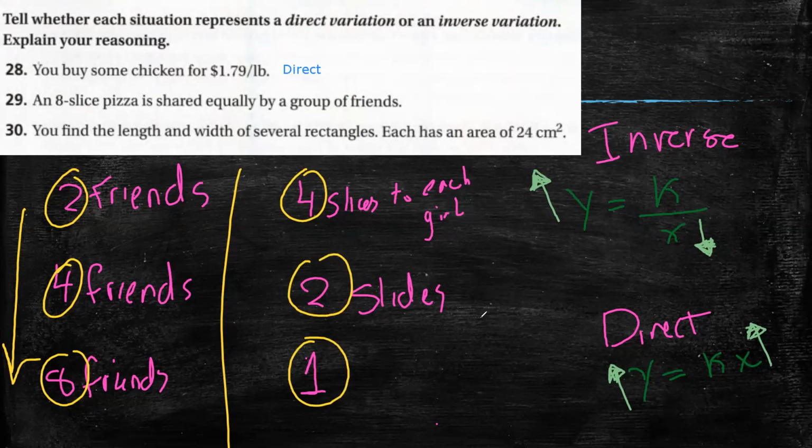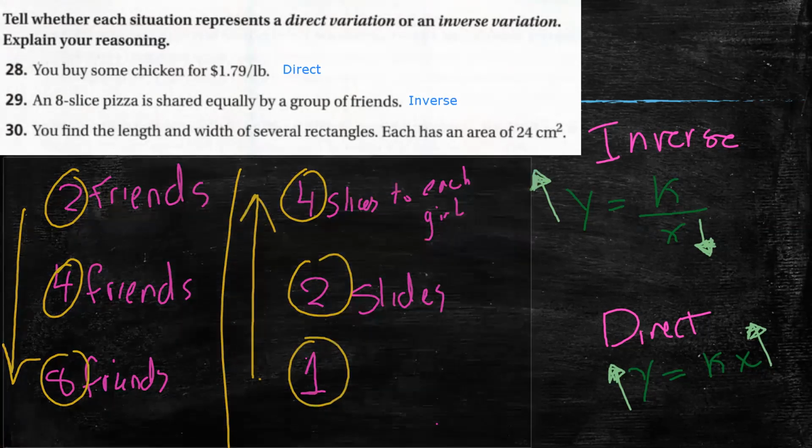Bravo. So, if we have increase and decrease, what will the variation be? Inverse. Because I told you, if it is increase and decrease, it will be inverse. Is it clear? Yes, miss.